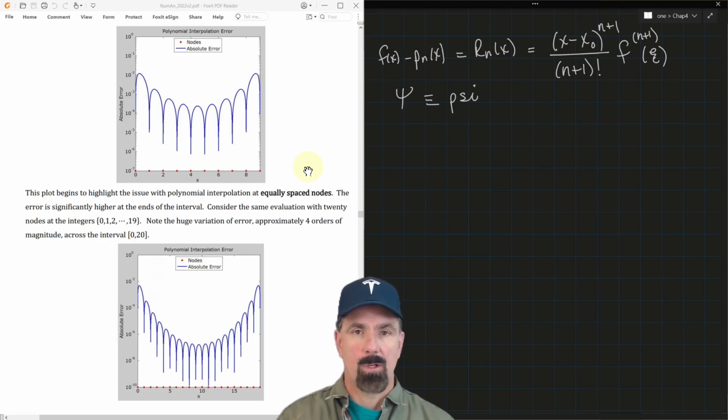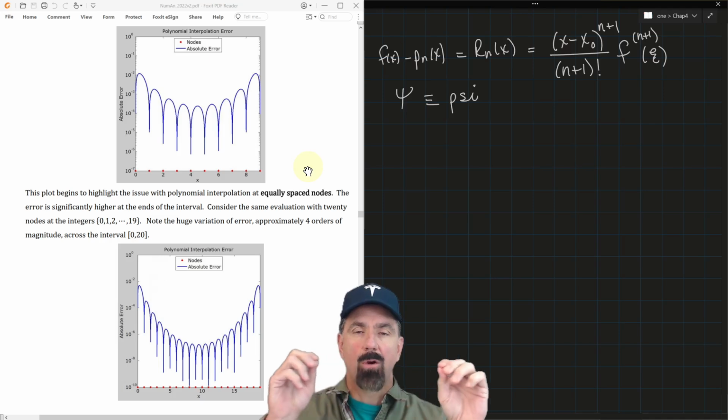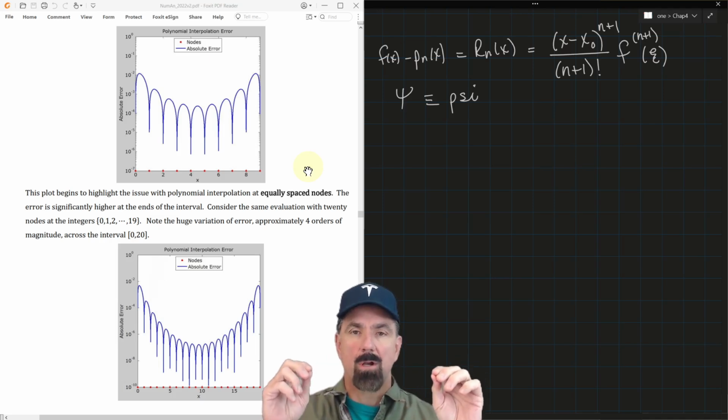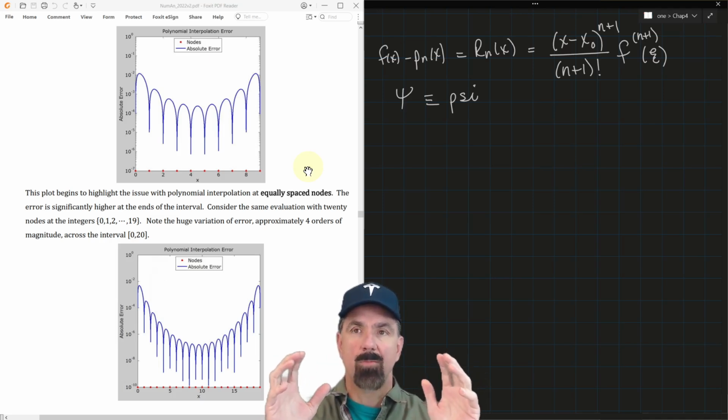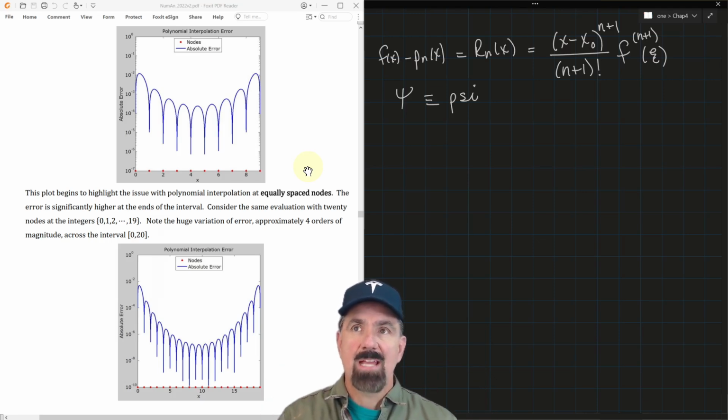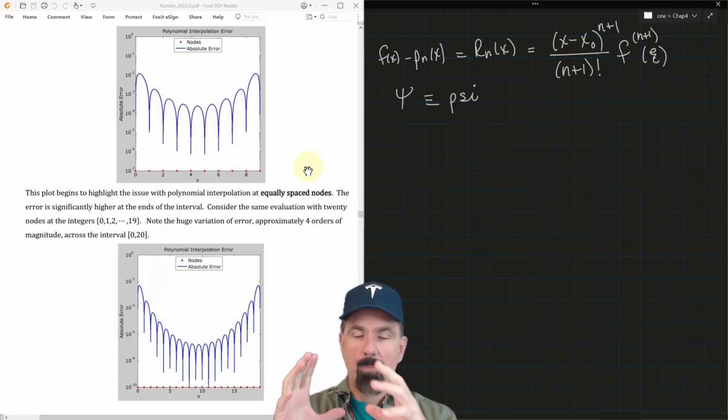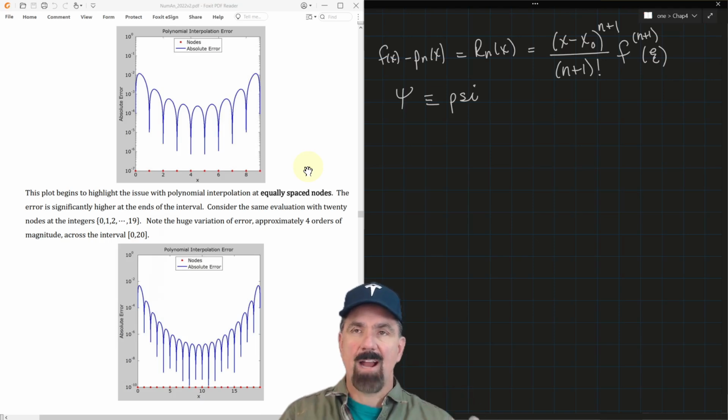Unlike Taylor polynomials, where we are gathering all of our information around a single point, and we know the farther we are away from that point, the worse our approximation for the function becomes, in the case where we have this psi function, which is a product of the different factors going together, we end up with pictures that look like these.